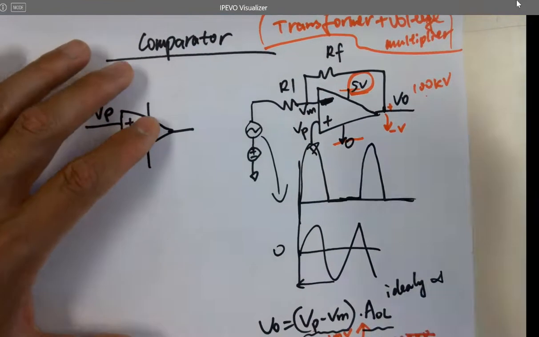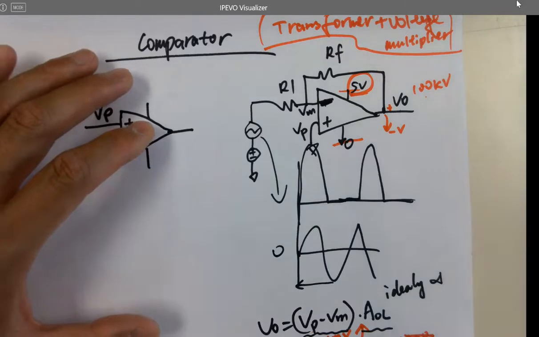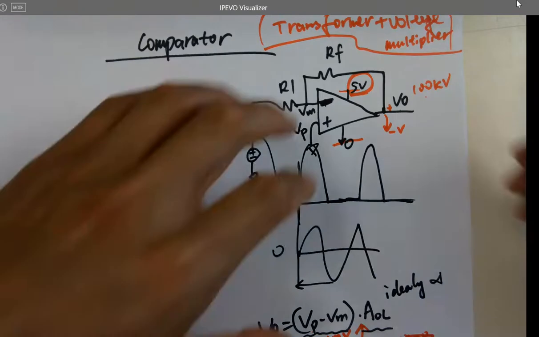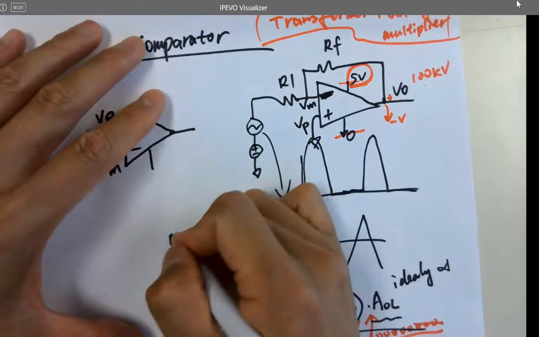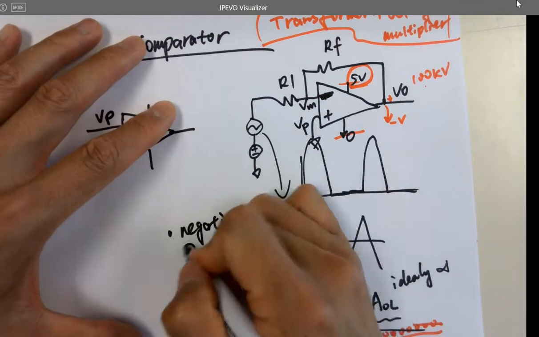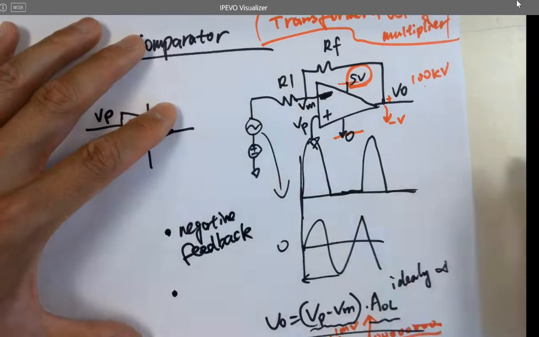Okay, if someone asks you right now in an interview, if you have a non-inverting amplifier, why does the non-inverting terminal equal the inverting terminal in an OpAmp, how do you answer it? Yeah, negative feedback is the first one. What's the second one you want to answer?